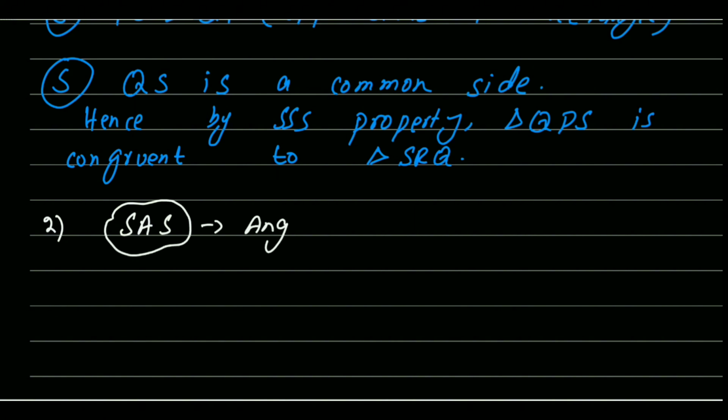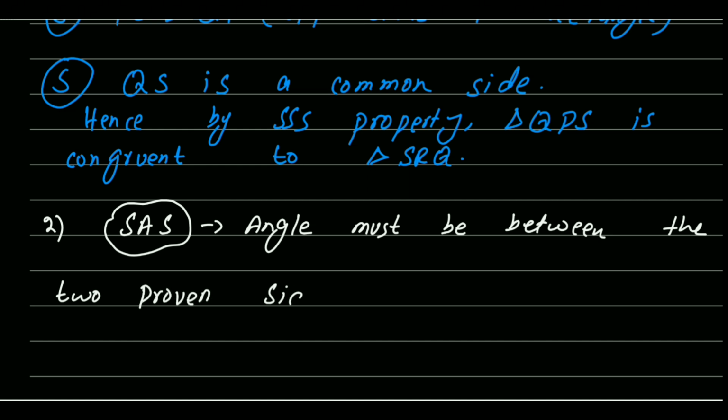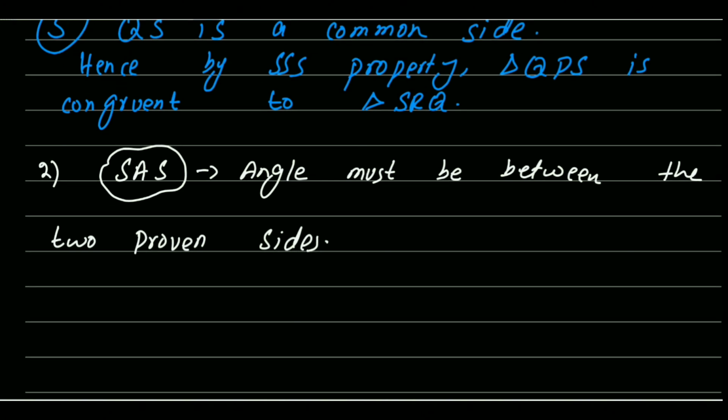And you should know that the angle must be between the two proven sides, and the sides must be neighbors of the angle.